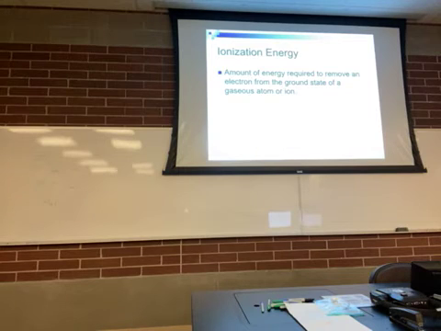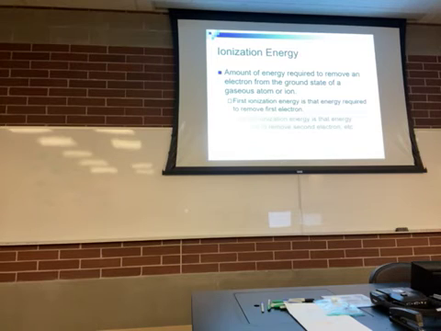How much energy is required to remove an electron? How much does it cost to remove an electron from an atom? That is my ionization energy, okay? First ionization energy is the energy required to remove the first electron. The second ionization energy is the energy required to remove the second electron. So what do you think the third ionization energy is going to be? Yeah, the amount of energy to lose 3 electrons.